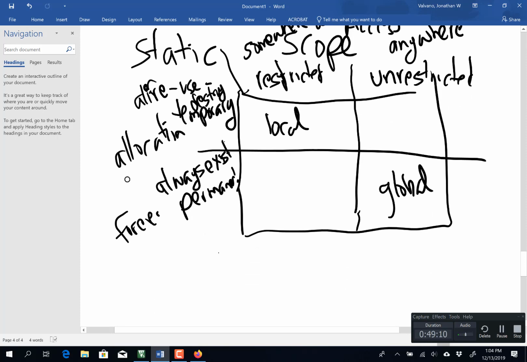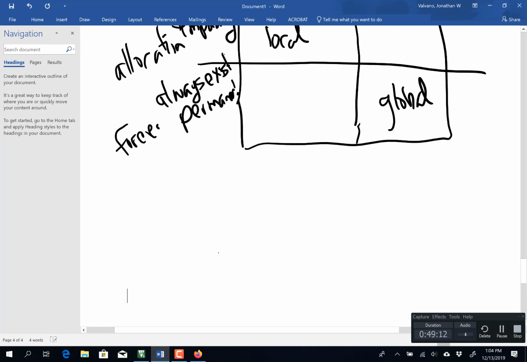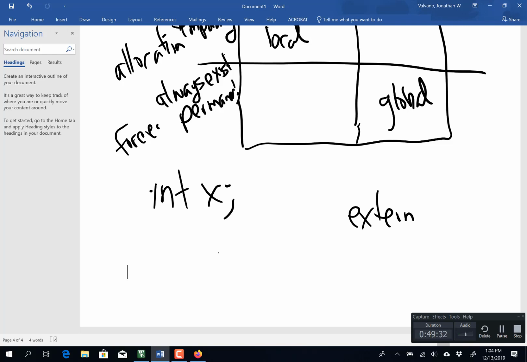So, for instance, if I create a variable here outside the function, any scoundrel in your program space can go extern int x and get access to that same variable. That's what I mean by unrestricted. Okay? It's unrestricted.